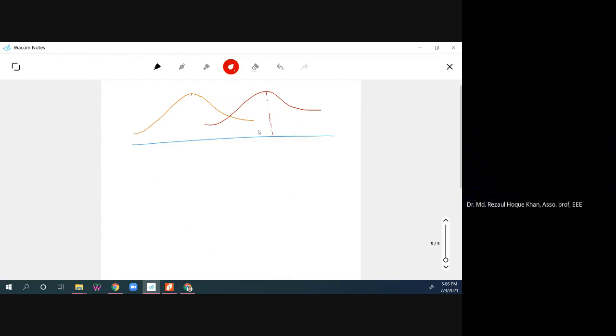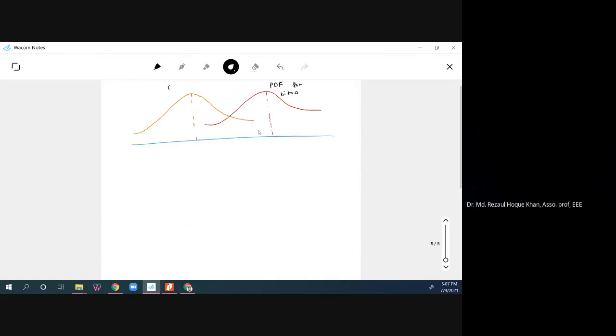This is the mean for one case and this is the mean for the other.